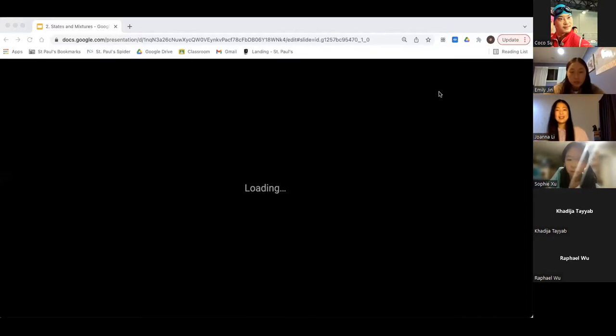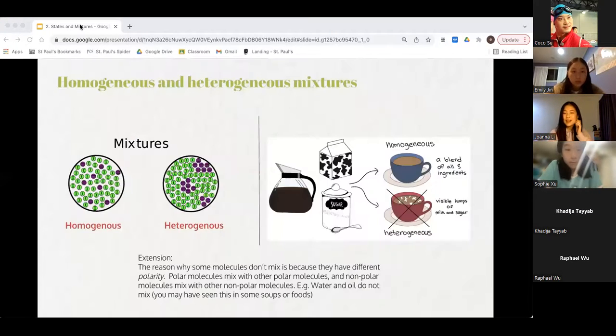If we have a look at these little images right here, homogeneous, based on the green and purple types, is basically a mixture where you have different particles or different substances, all very evenly mixed together. Looking at the image on the right, the coffee, if everything is very smooth and all one coherent color and there aren't bits floating around in it, that's homogeneous. Homo meaning same, so it's the same throughout the liquid.